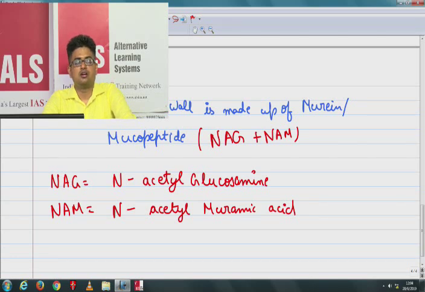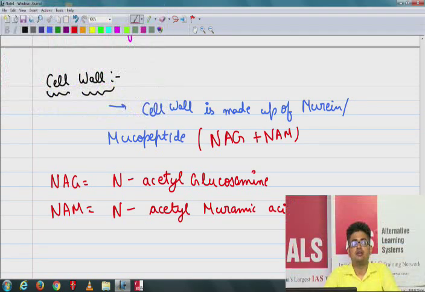And the interesting thing is that the cross-linked cell walls are broken down by an enzyme found in our saliva, tears, and all body secretions, and that enzyme is lysozyme. Lysozyme can break down the cell walls of bacteria. Also, cell wall synthesis is inhibited by the penicillin antibiotic.